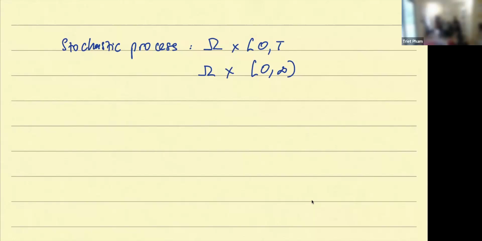But basically, the word process means something random evolving in time. A visualization would be: this is time and this is space, the value. We're just going to take discrete time to make it easy.